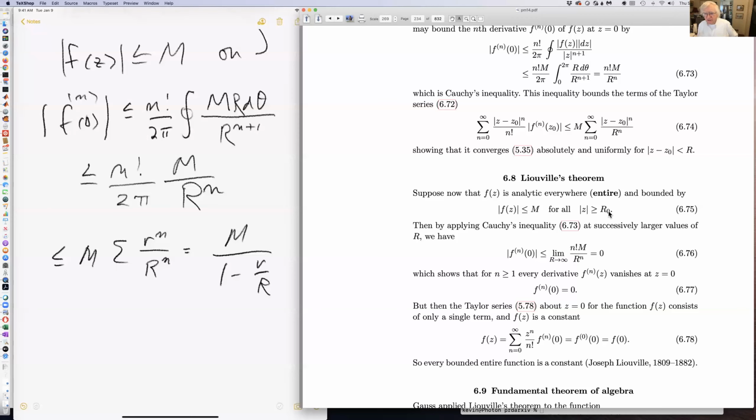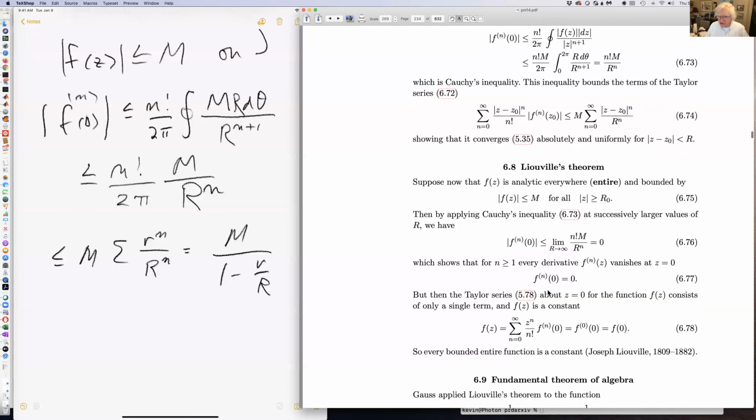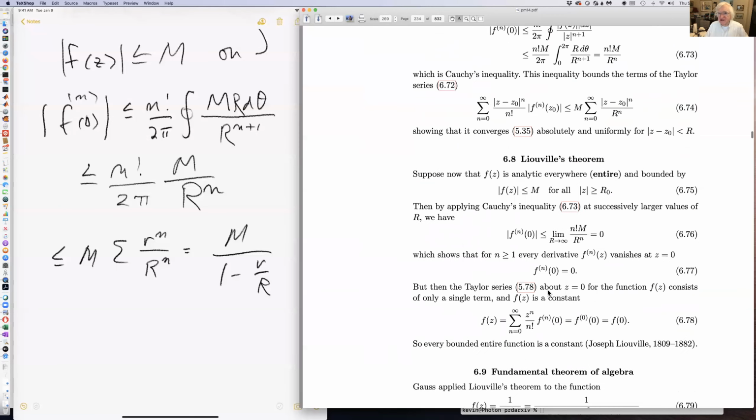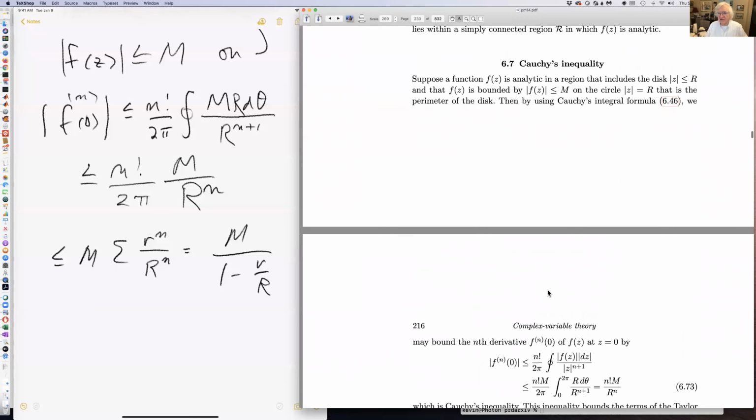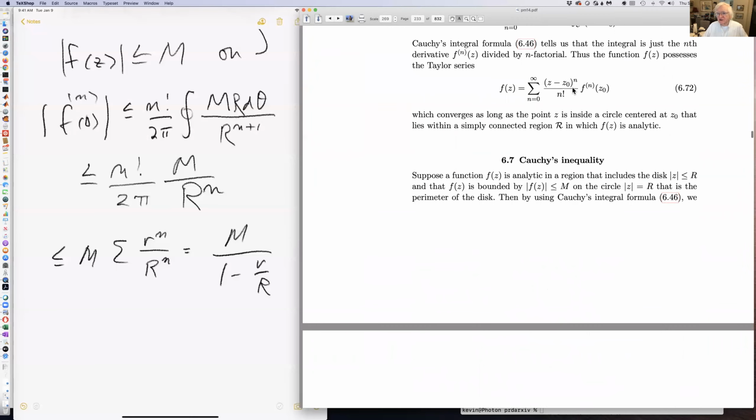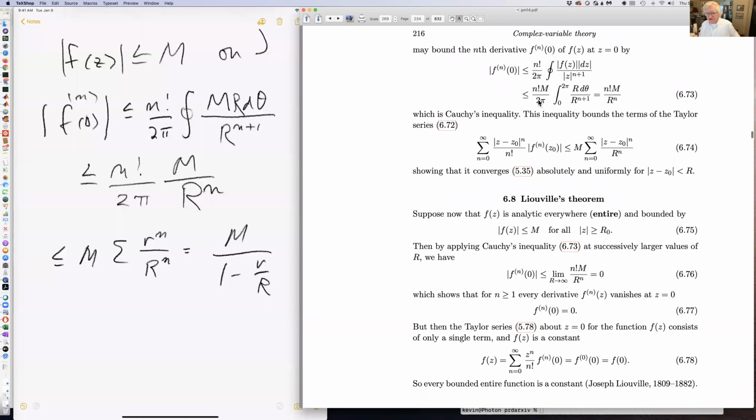So we take the limit r going to infinity, and we get that the nth derivative has to be 0. But then that means the Taylor series for f is just a single point, the n equals 0 point, and so f is a constant.